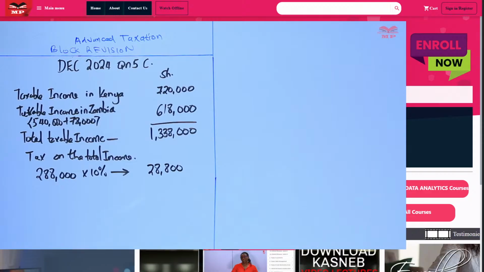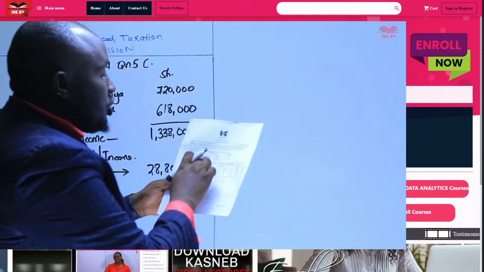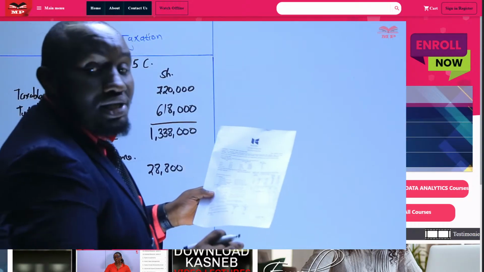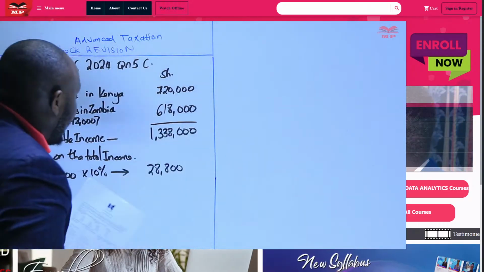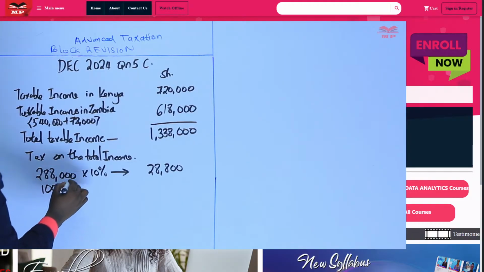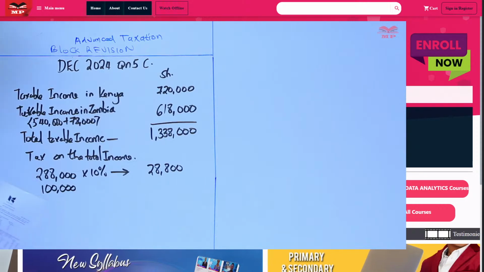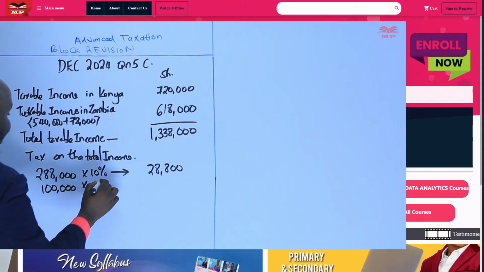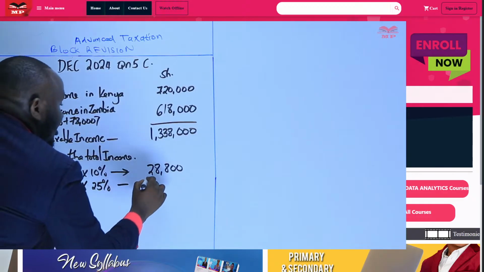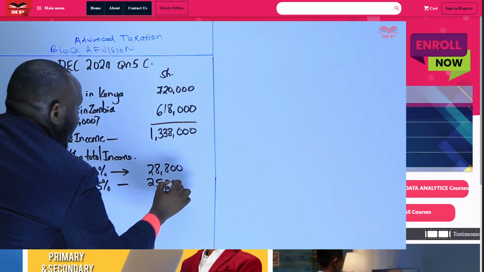Then we're told on the tax table that between 288,001 to 388,000, we tax at 25%. So the difference should basically be 100,000. That 100,000 we tax at 25%. So 25% of 100,000 should be 25,000.